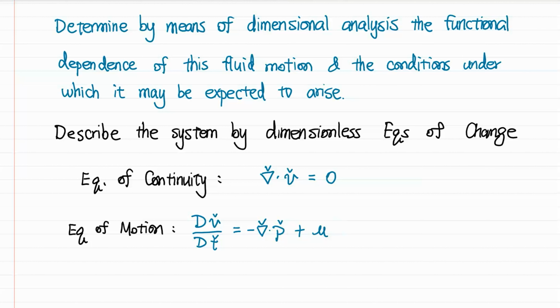So let's start from the dimensional form, the usual form. The usual form tells us it's going to be mu times the Laplacian of velocity minus rho g beta times (T minus T bar). And then we have the equation of energy.